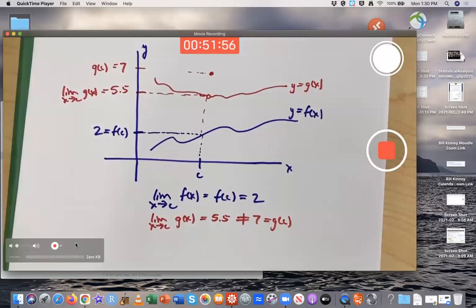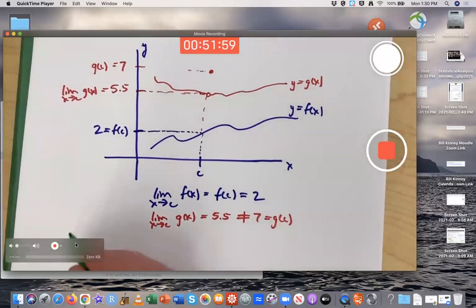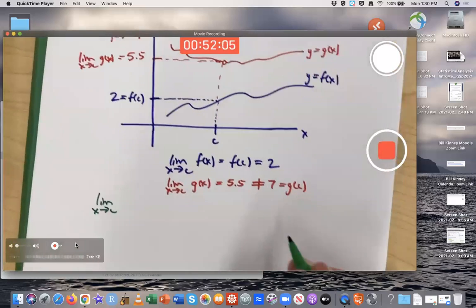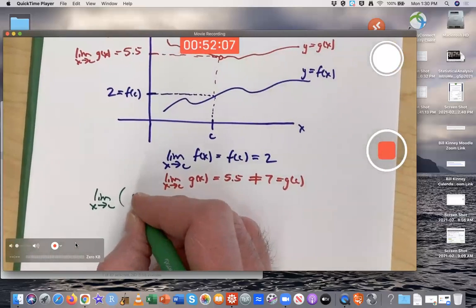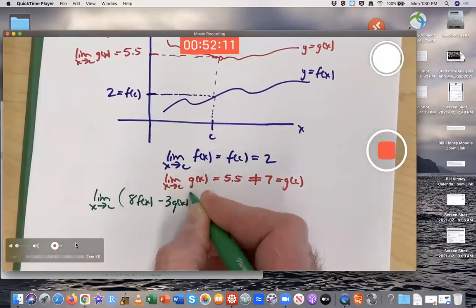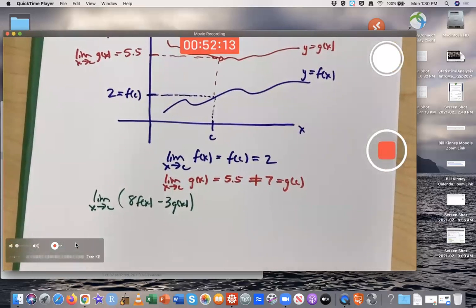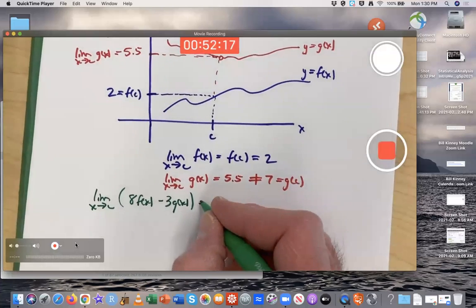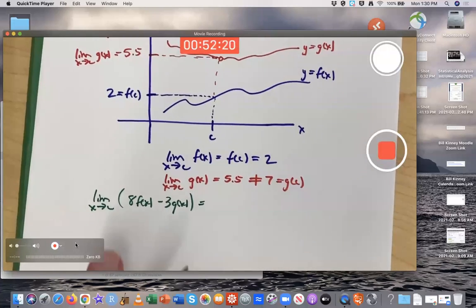And by a property of limits, you should, on homework and exams, first exam here, be able to find a limit like this. Find the limit as x goes to c of, I don't know, 8 times f of x minus 3 times g of x, assuming the limits of f and g exist, which they do. This is the limit of a difference.